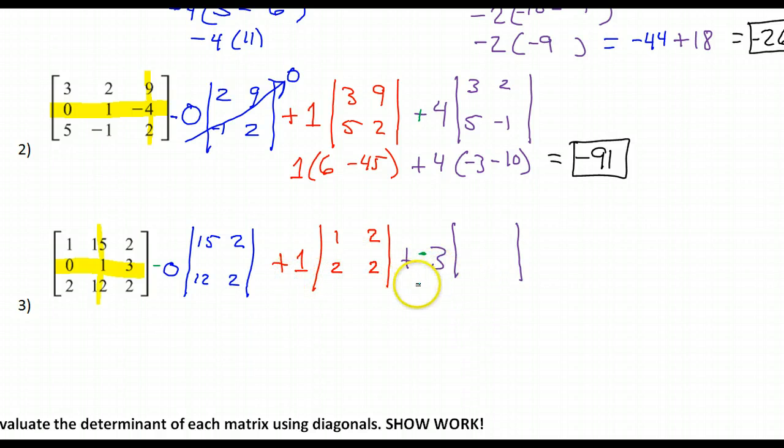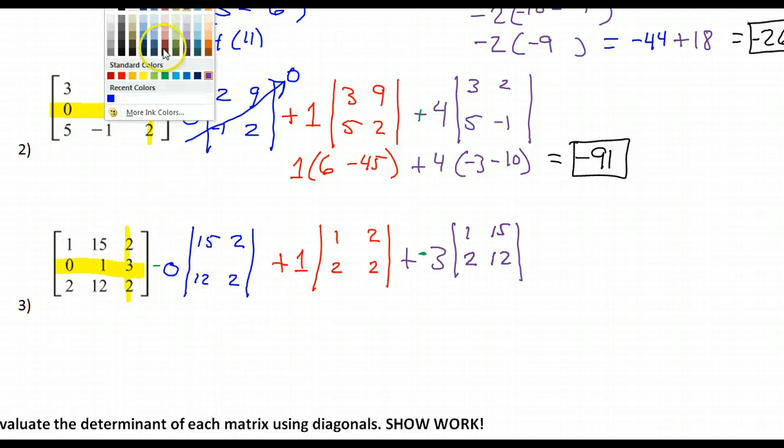Okay, that's pretty nice small numbers. And then let's do the third column. Okay, take out the third column, and that's going to leave 1, 15, 2, 12. So 1, 15, 2, and 12.